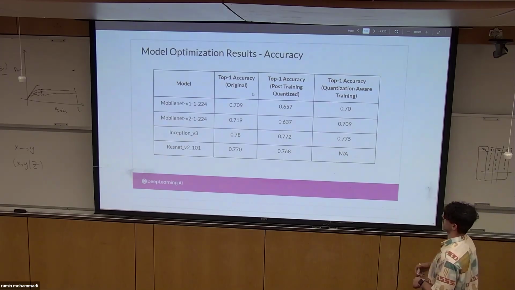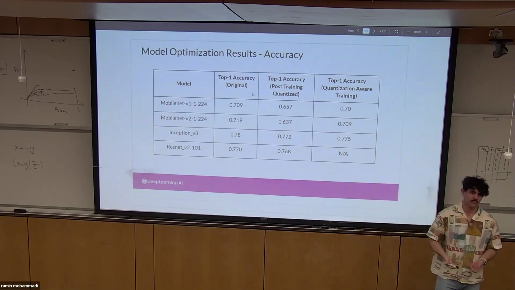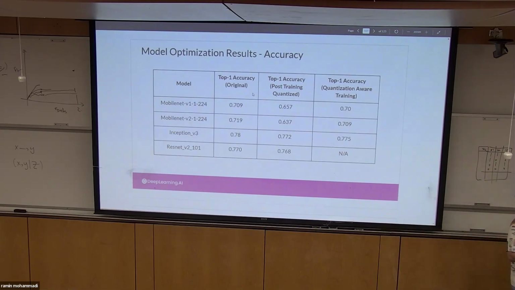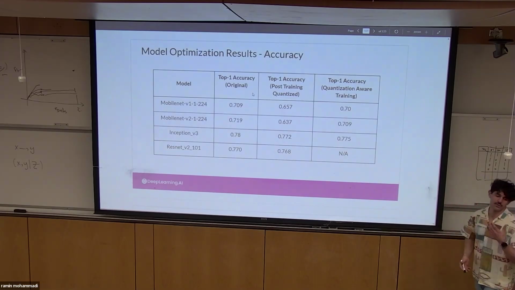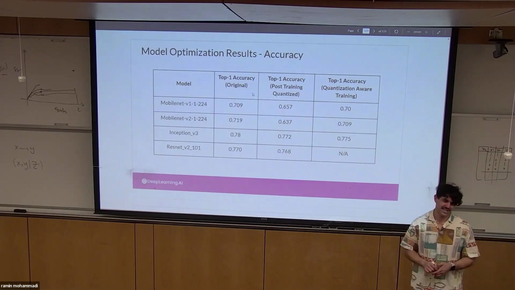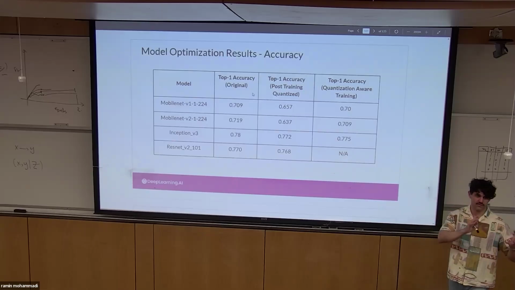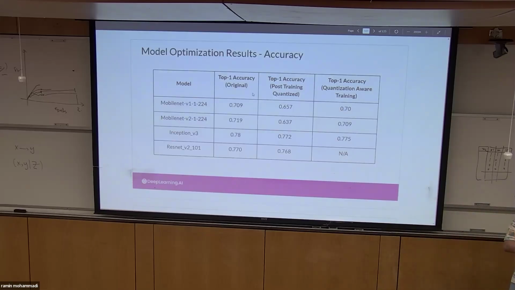But from the model perspective, I think the model comes up with a better representation of itself for quantization-aware training compared to post-training quantization. If you think about it, yes, they kind of do the same thing, but in one scenario you do it after the work is done, and in the other you do it while you're training.